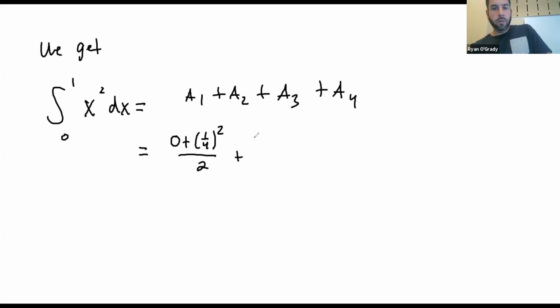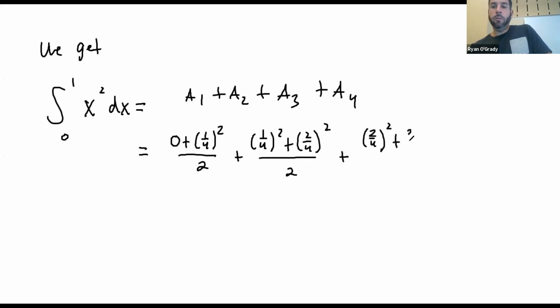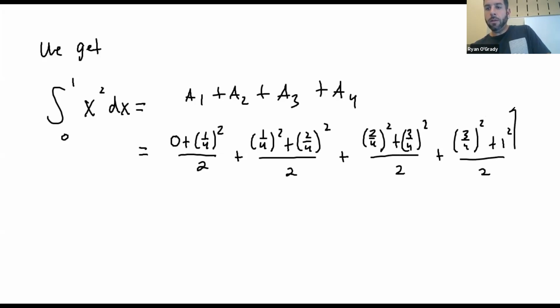Then the next one is going to be 1/4 squared plus 2/4 squared over 2. Now the next one's going to be 2/4 squared plus 3/4 squared over 2. And then the last one is 3/4 squared plus 1 squared over 2. Now every one of these has a width of delta x, so that is 1/4.